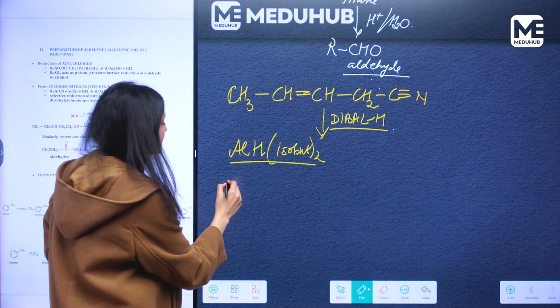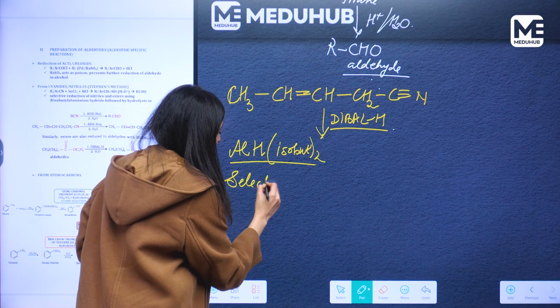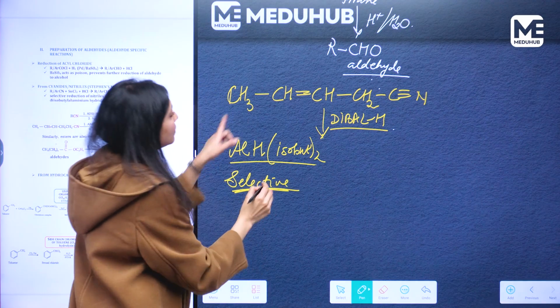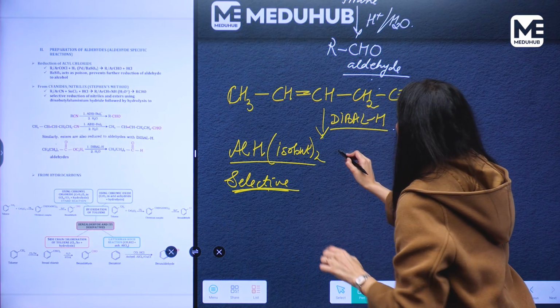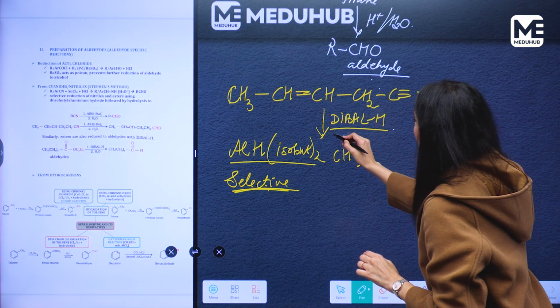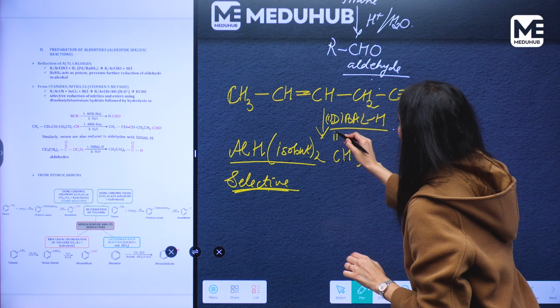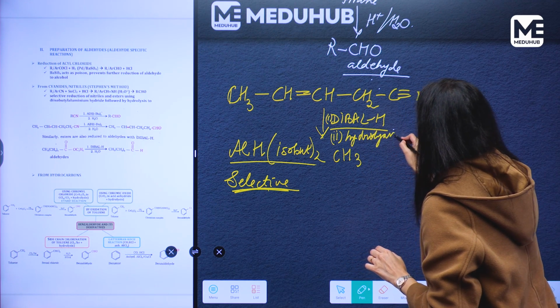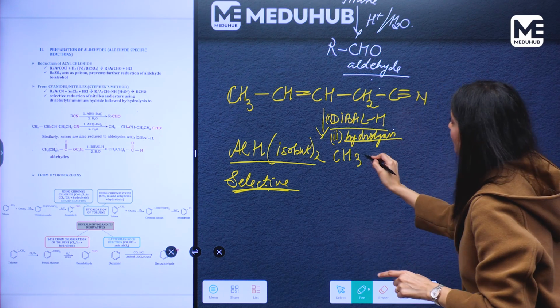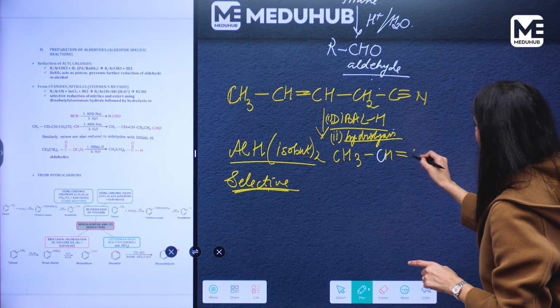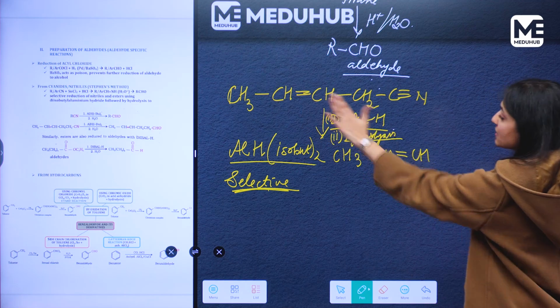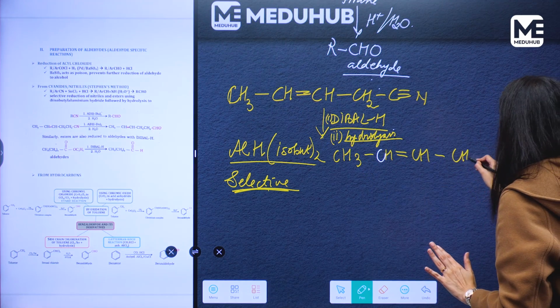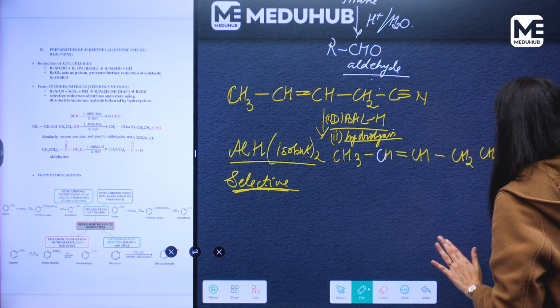Using this we can do a selective procedure followed by hydrolysis to give us CH3, CH double bond CH, this bond remains unaffected, CH2, CHO.